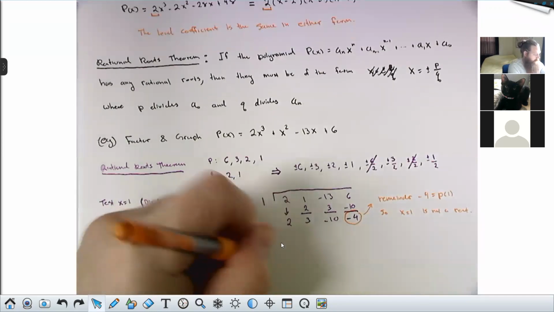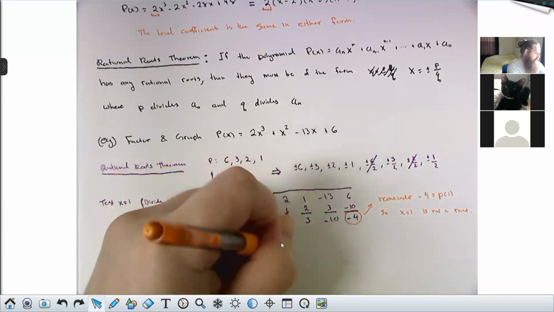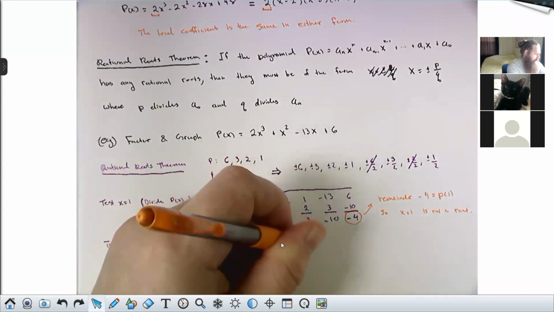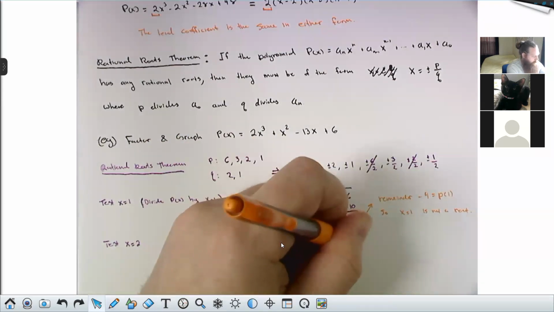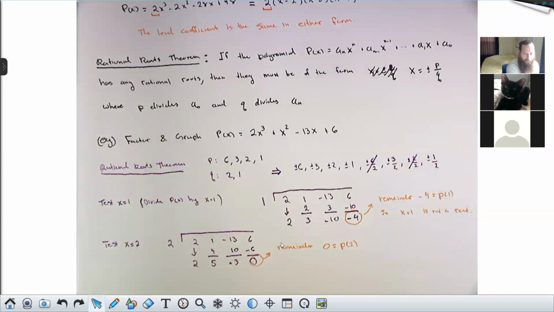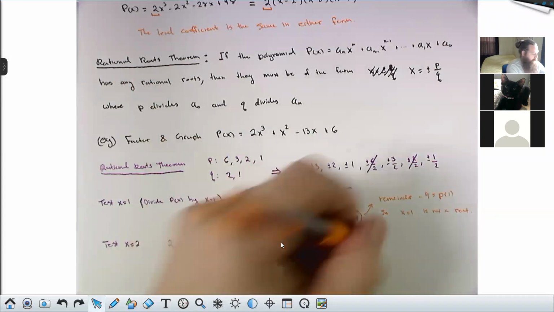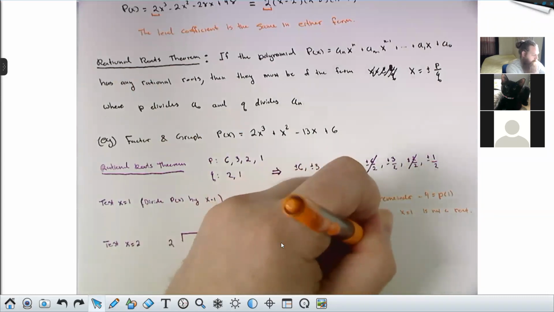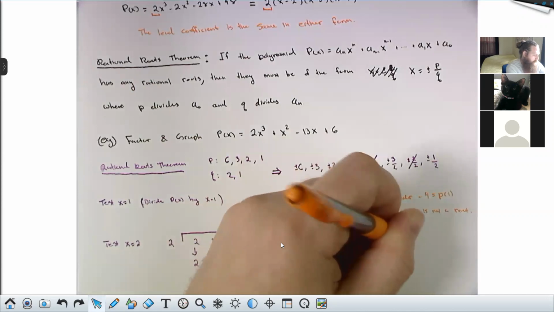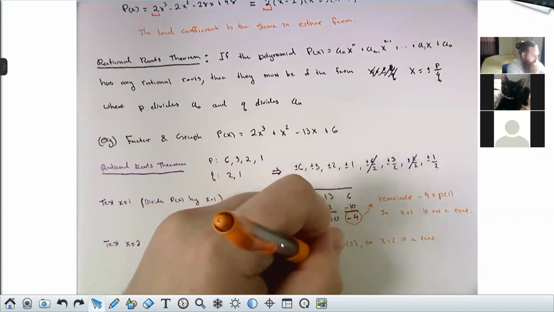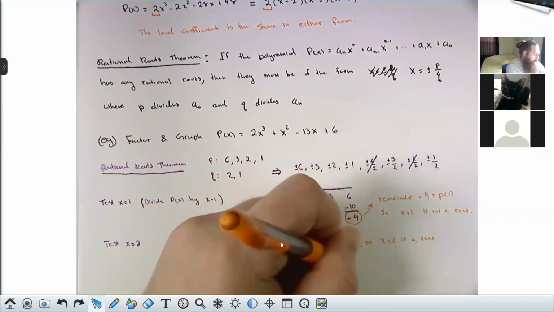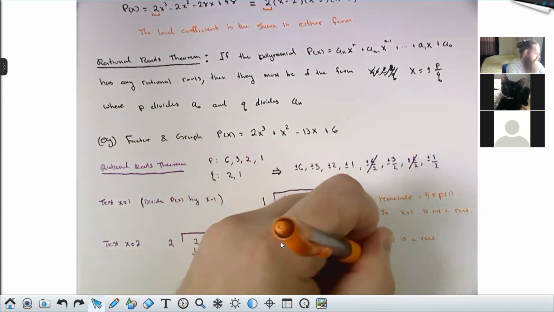So here my remainder is 0. So p of 2 is 0 by the remainder theorem, which means x equals 2 is a root, which means x minus 2 is a factor.